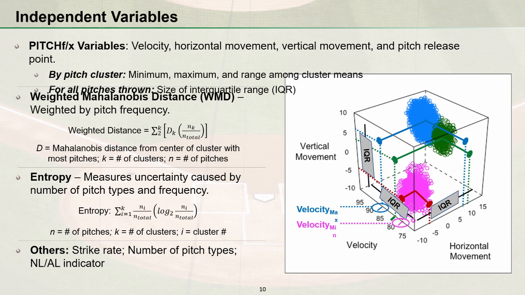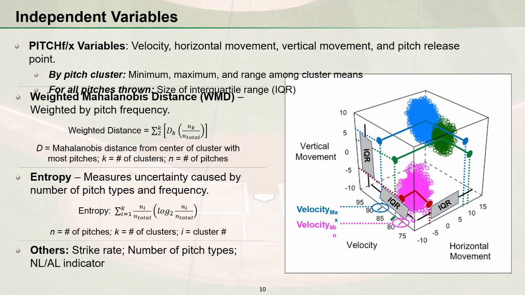My research needed to account for differences in the number of pitch types thrown by pitchers, because obviously some pitchers have 2 or 3 pitch types, and others have 6 or sometimes even more. So for the traditional PITCHf/x variables like velocity, horizontal movement, vertical movement, and pitch release points, 2 types of variance measures were used to measure differences among a pitcher's group of pitches.